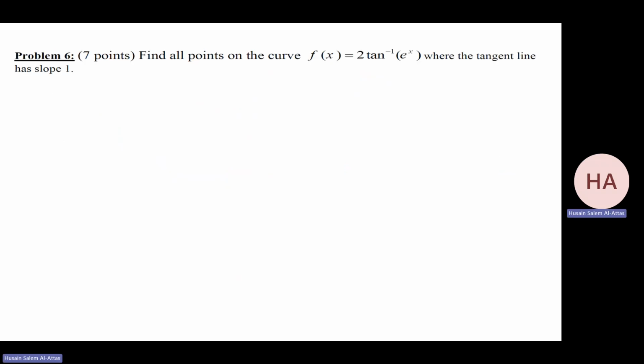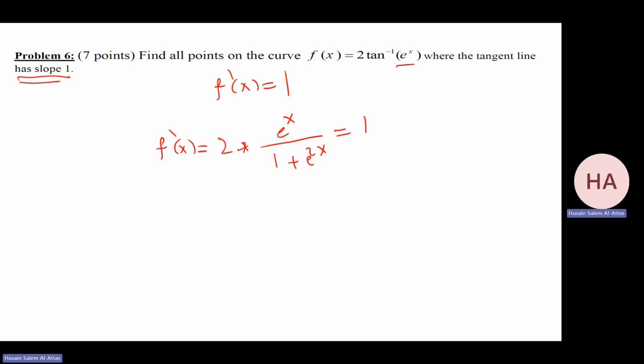That's it. Find all points on the curve where the tangent line has slope 1. So you need to find f prime and make it equal to 1. What will be f prime? It is 2 over 1 plus e to x, times the derivative of e to x, which is e to x. This is equal to 1.